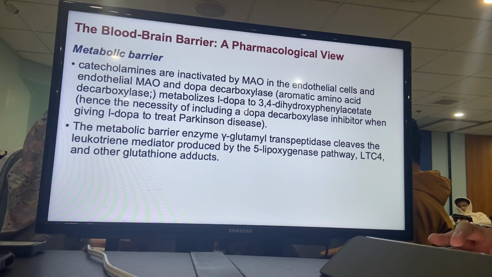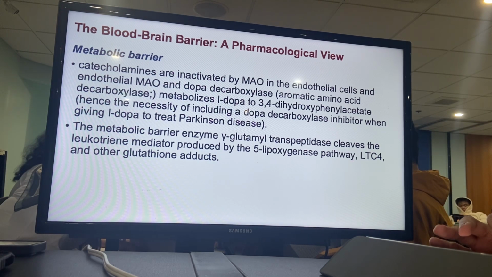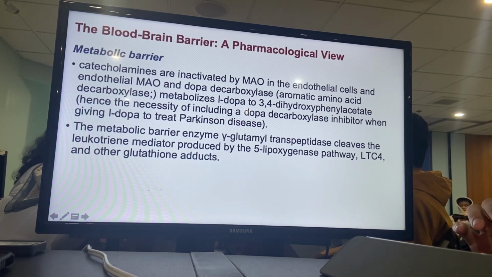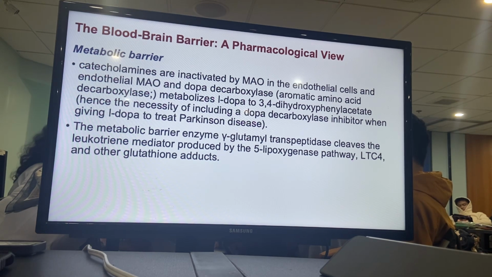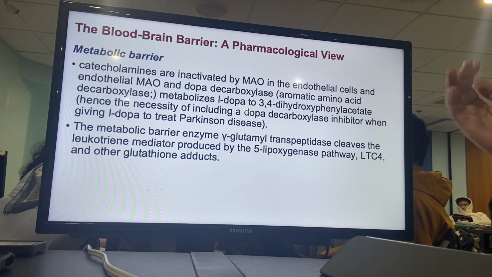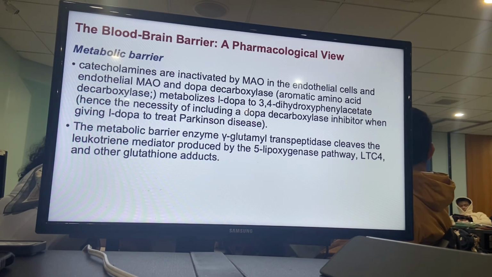Metabolic barrier, also. One example here: how do you treat Parkinson's disease? The problem with Parkinson's disease is you have low dopamine, right? So, common sense, you have to give dopamine. What's the problem with dopamine? It can't cross the blood-brain barrier. But the substrate, levodopa, can cross. That's why we give levodopa, and in the brain it is converted to dopamine.